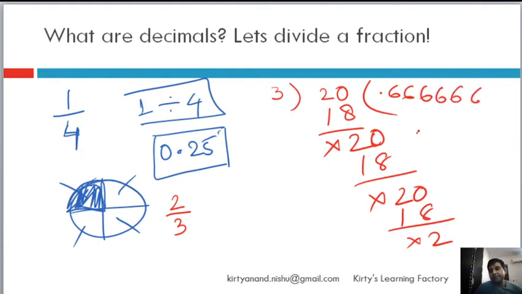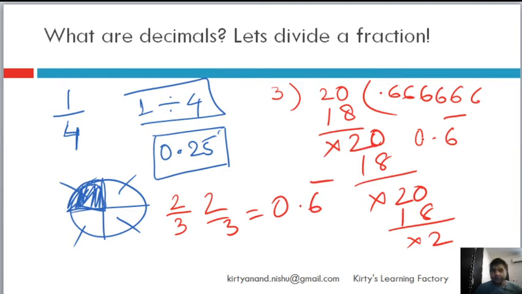It is generally represented as 0.6 with a dash on top of the 6, which means that 6 will continue to repeat. It's called a recurring decimal. Recurring means something that repeats itself. So 2 by 3 can be represented as 0.6 recurring, right? Which means 0.66666 up to infinity.